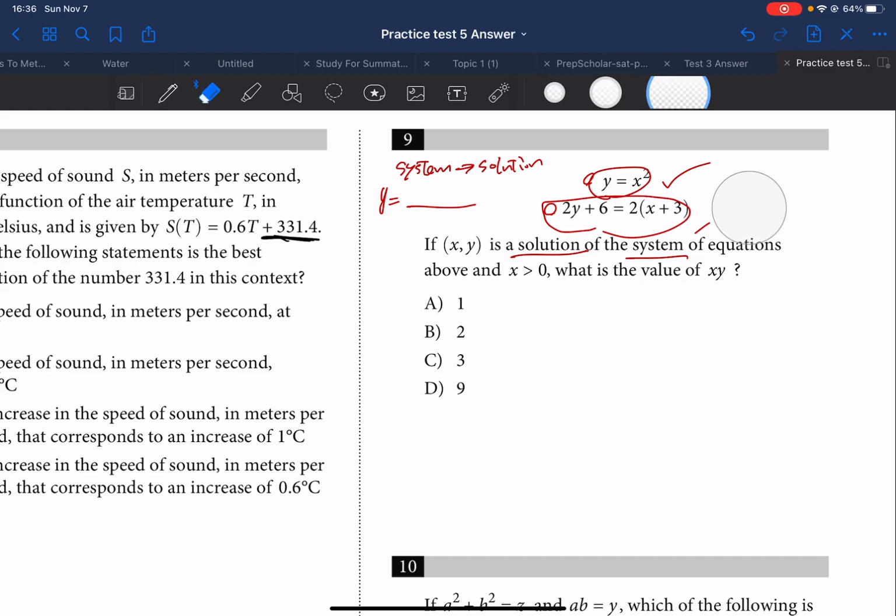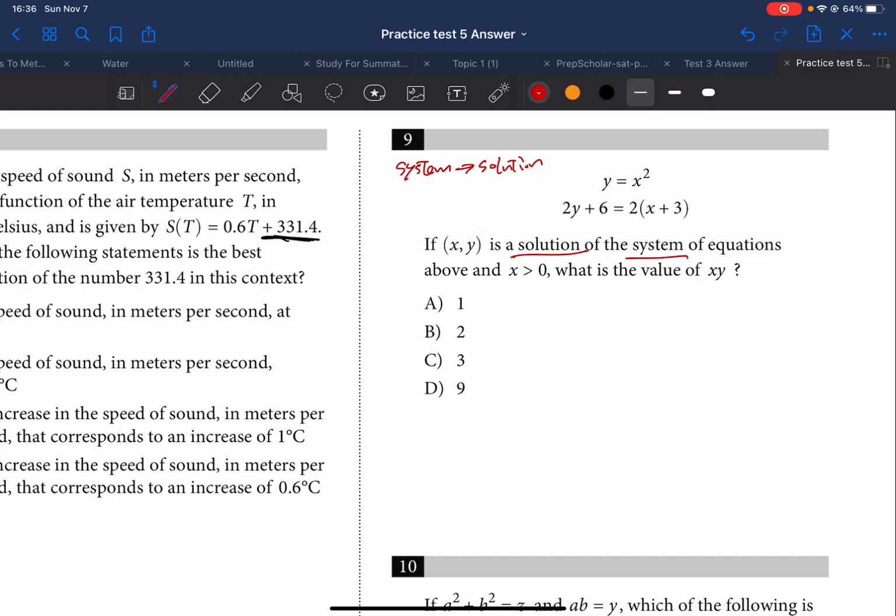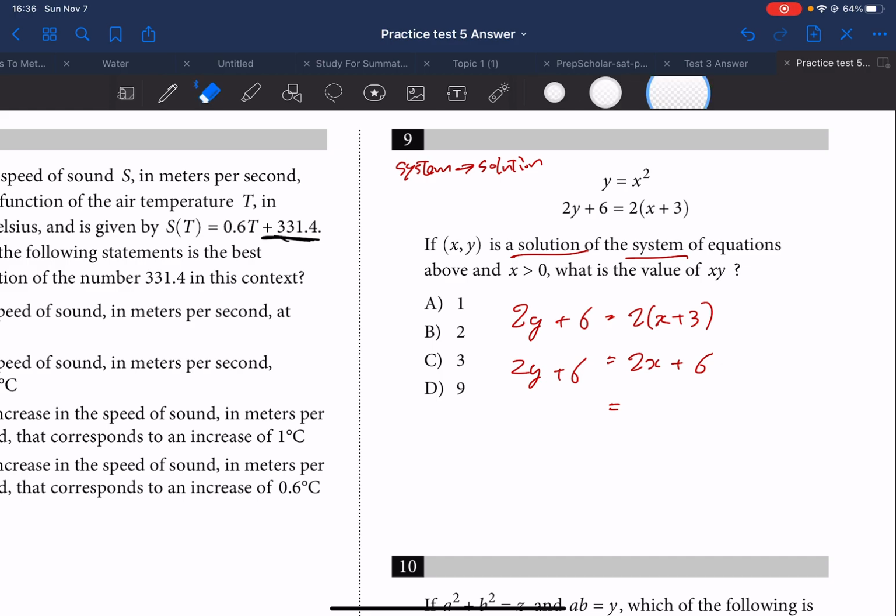So let's do the bottom one. Now you move this plus 6 to the right side. In that case, it becomes negative 6.